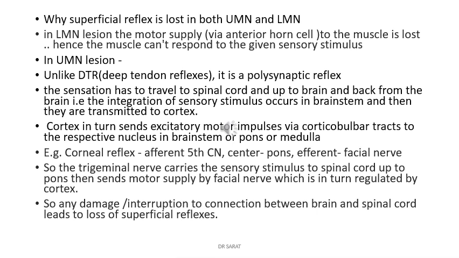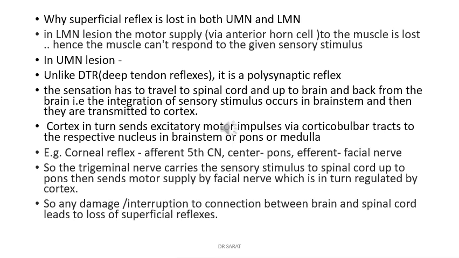Superficial reflexes are usually elicited by sensory stimuli, so we are scratching the abdomen, the cremasteric area or the cornea. These are all sensory stimuli. The sensory stimulus will reach, but the motor action cannot respond. The muscle cannot respond to the sensory stimulus, and that's the reason why it is absent in the lower motor neuron lesion.